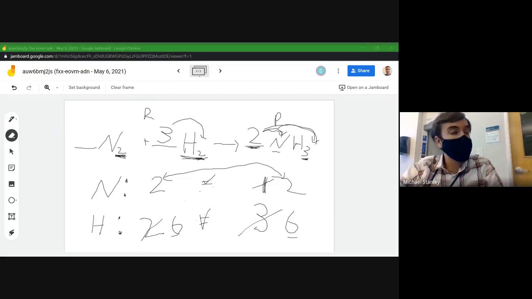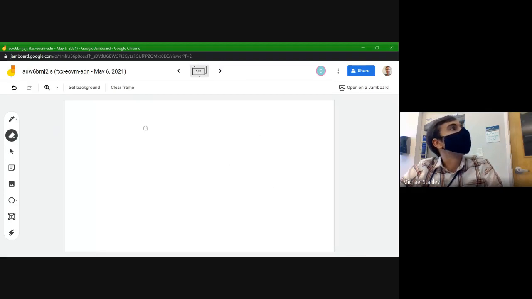So our final example from the homework, we'll take it up another step and make it a little more complex. Because now, instead of dealing with 2 different atoms, we're going to deal with 3 different atoms.